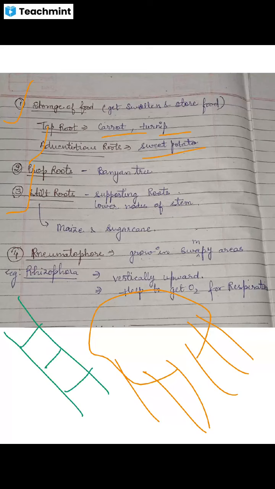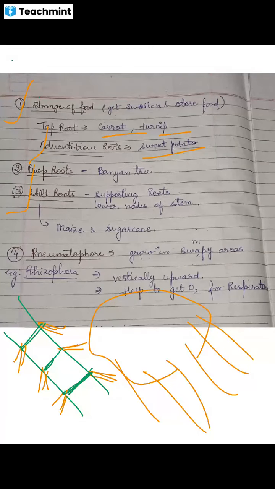And sugar cane, you must have eaten it, it has nodes in between and from these nodes arise the roots. The roots come out from here, fibre-type roots. You must have seen these roots in sugar cane. They are called stilt roots, and they are the supporting roots.